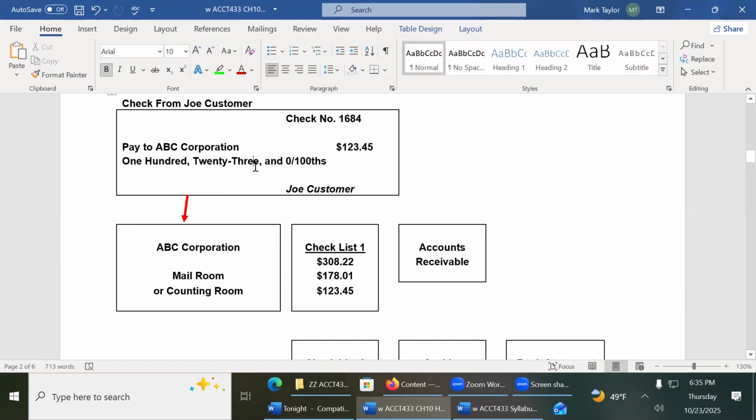All right, check from Joe Customer. So Joe Customer sends a check to the company. And the question is, how do you know that check is going to go into and get applied to his account and all that kind of stuff?